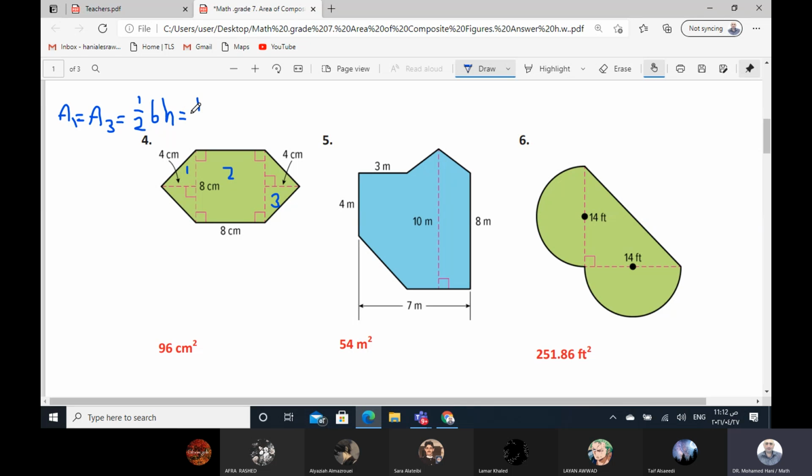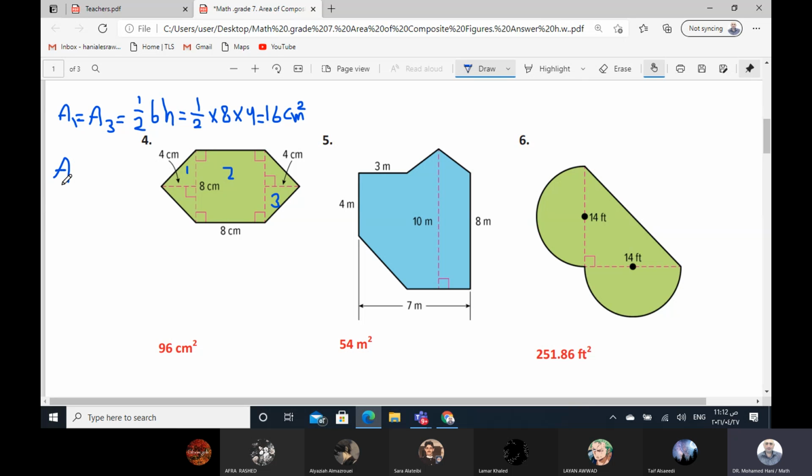So 1 over 2 multiply by the base 8 multiply by the height 4. Now 4 times 8 is 32, divided by 2 will be 16 centimeter squared.